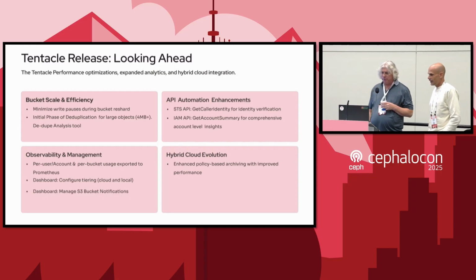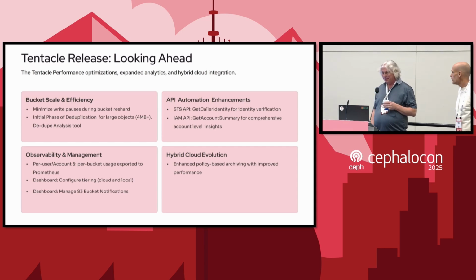We've tried to break things out into a couple of areas, and things are landing in Tentacle. The biggest thing we're working on, and there have been two talks about the related work here, is scaling bucket indexes. We're trying to scale buckets up to a 10 billion object range, which is still a challenge, but there are real workloads that get there, and we need to hit it.